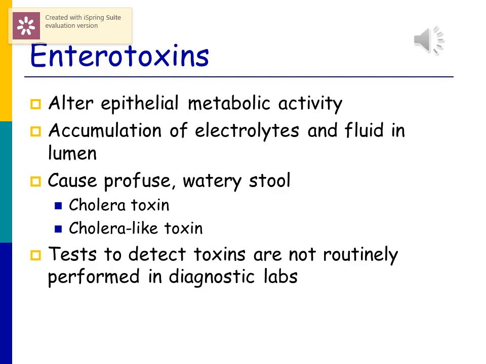There are numerous tests to detect toxins, but many of these aren't done in a routine clinical laboratory. A lot of these tests for toxins are sent to a reference laboratory or the state health department, but there are some toxin tests that are done in the clinical labs.